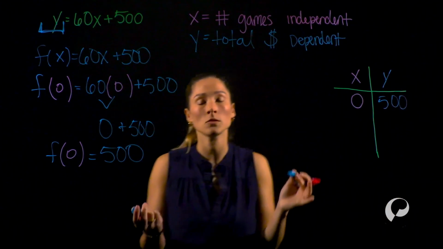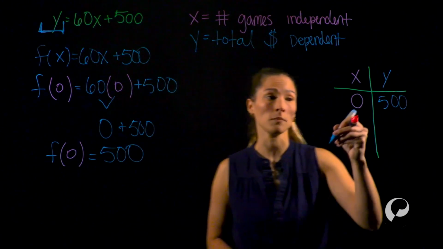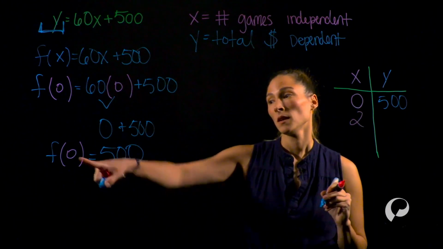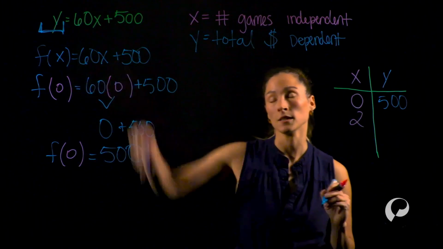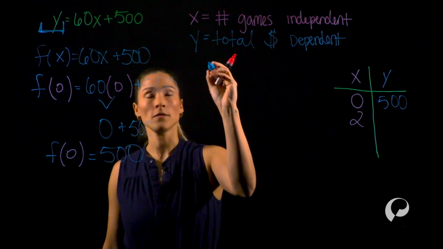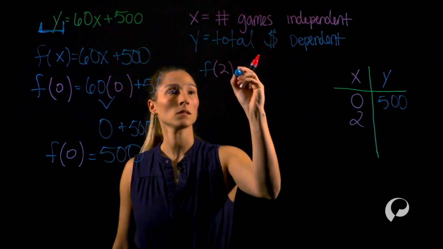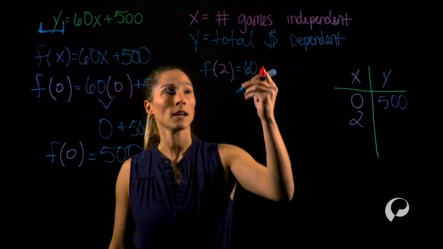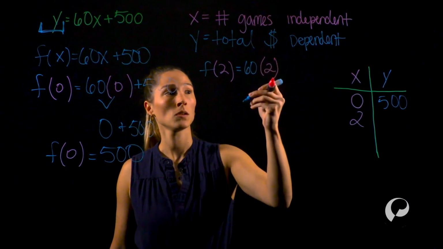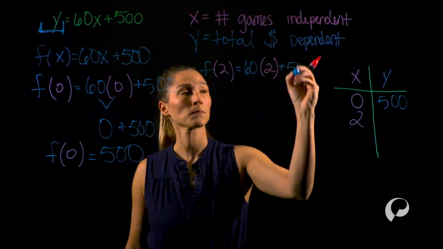Maybe you want to know how much you need to save up to purchase 2 games. We're now going to replace this x value with 2. Let's evaluate. F of 2 equals 60 times 2 plus 500.